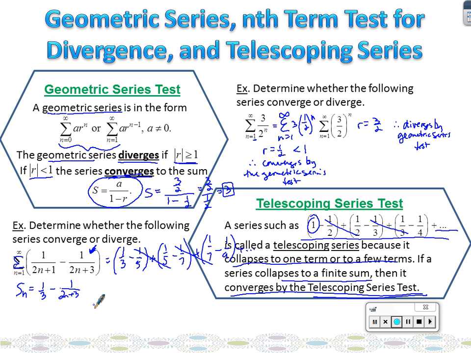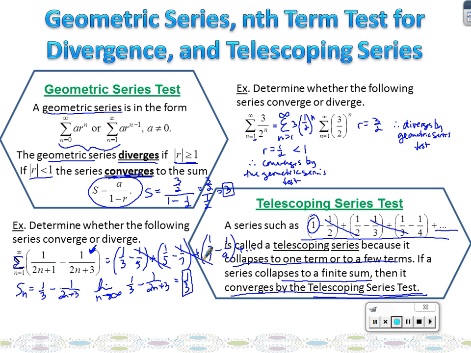And then what we do is we take the limit of those partial sums. We take the limit going to infinity. Okay, and what do I get? So the 1/3 isn't touched by the limit. What happens to this term right here? It tends to 0. So since I have an actual number as my limit, this particular telescoping series converges.